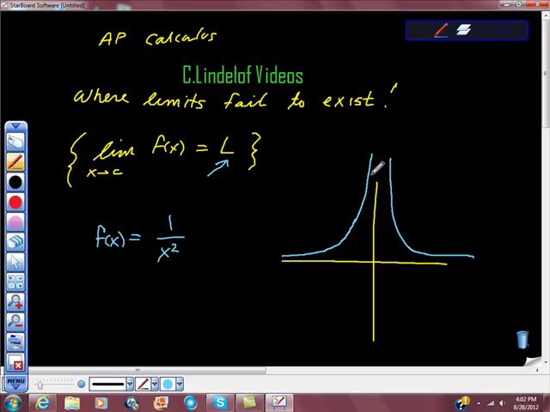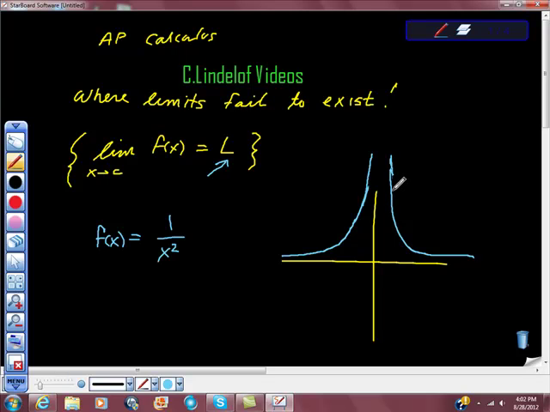If they were doing this, maybe they're going to meet here, and we could say, well, there's that value that they're going to approach. But that's not what's happening here. These numbers are becoming infinitely high as x becomes closer and closer to 0 from either side. So why does the limit fail to exist here?